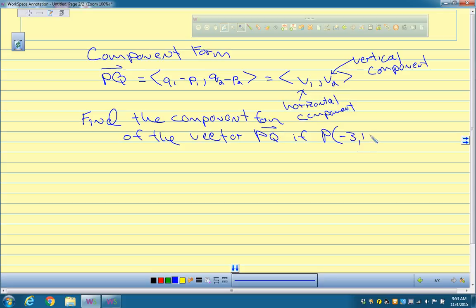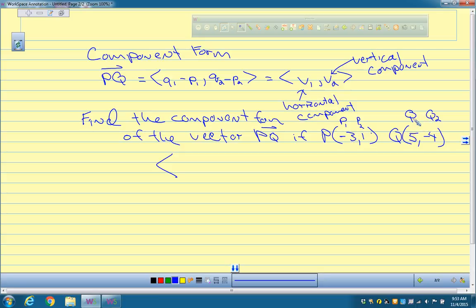If P is negative 3, 1, and Q is 5, negative 4, or something like that, okay? So all you do is you put little arrowy brackets around that, and Q1 is 5, right? So here's Q1, it's just like x1, x2, y1, y2. So here's Q1, here's Q2, here's P1, and here's P2, right? So I just subtract.